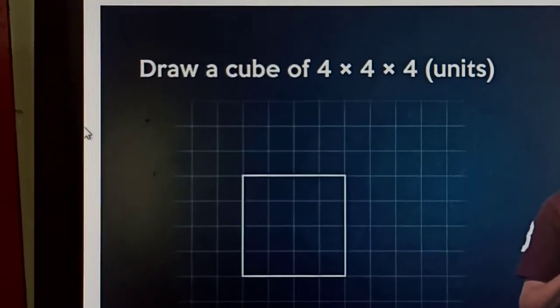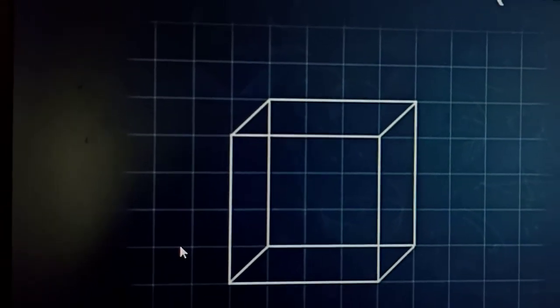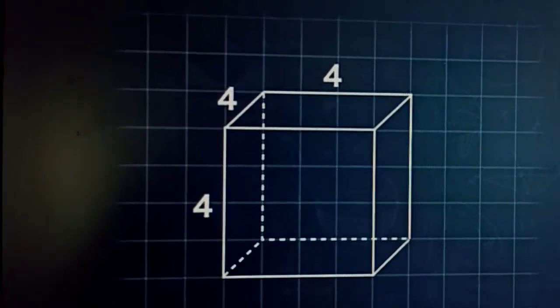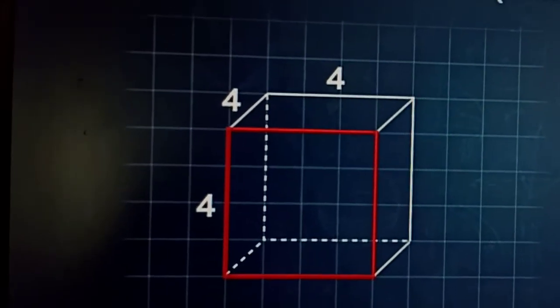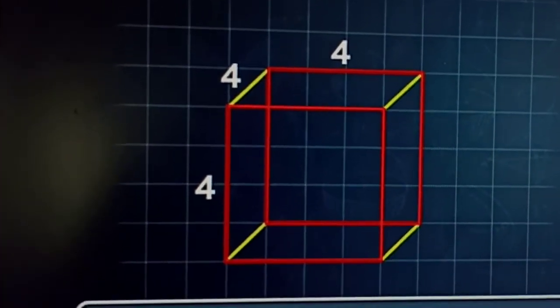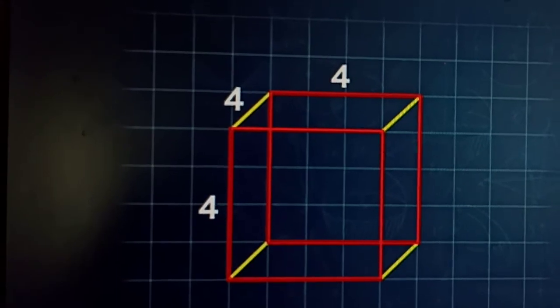Same, we will take another 4 lines like this, and then we will join it, the front face and the back face, and this will be the figure of a cube, right? You can measure also with the help of the squares, because every face of the cube is made with 4, right?